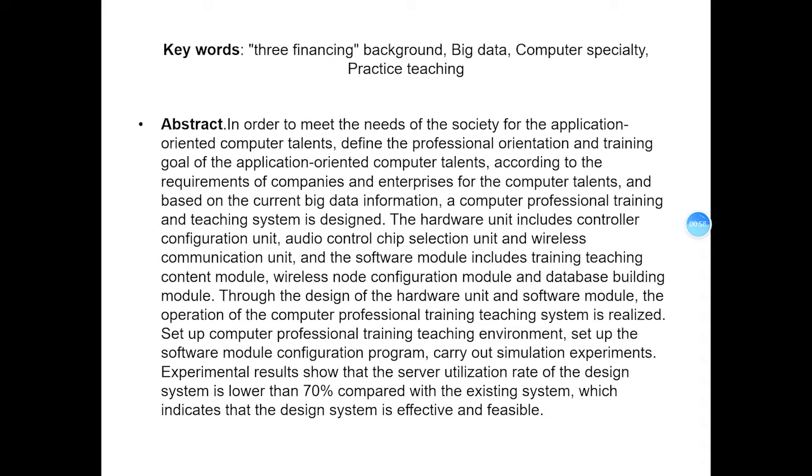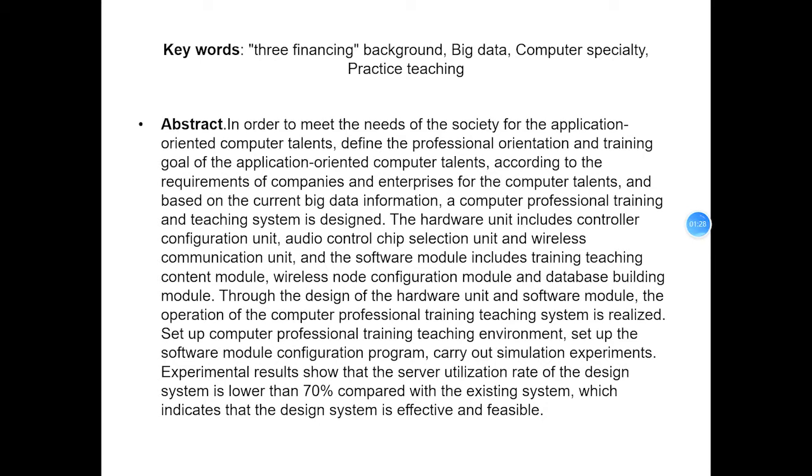The hardware unit includes controller configuration unit, audio control chip selection unit, and wireless communication unit. And the software module includes training teaching content module, wireless node configuration module, and database building module. Through the design of the hardware unit and software module, the operation of the computer professional training teaching system is realized.